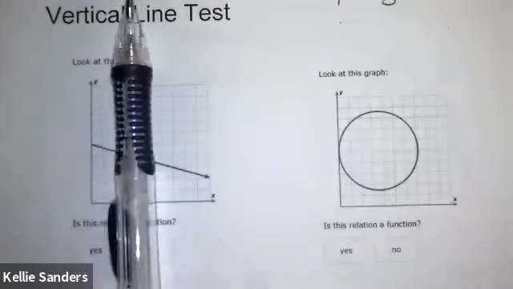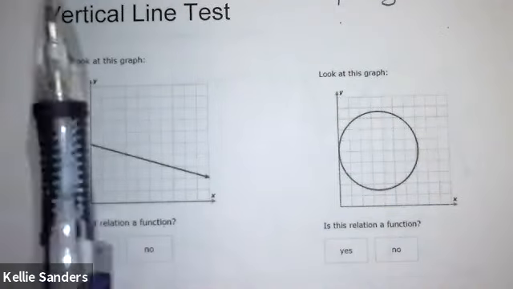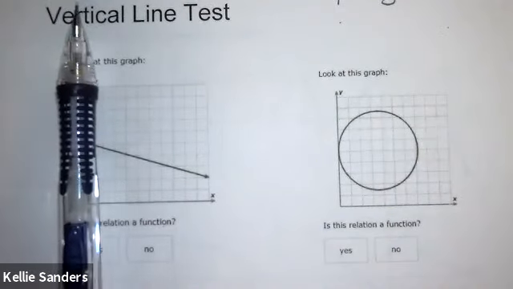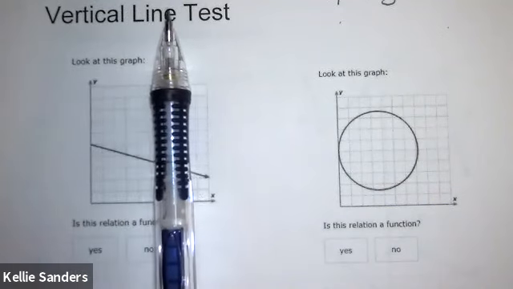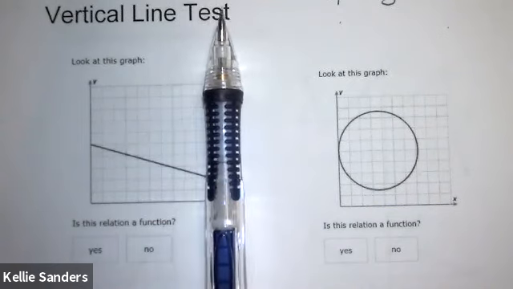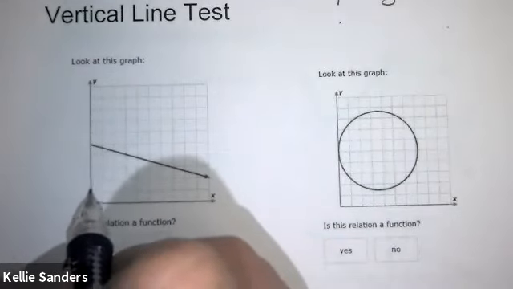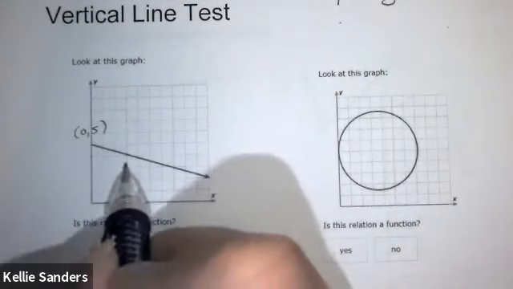Vertical is straight up and down, right? So if we do a vertical line test, we start at the left and we scroll this line across, and our x's do not ever repeat. This would be 1, 2, 3, 4. This would be at 0, 5.